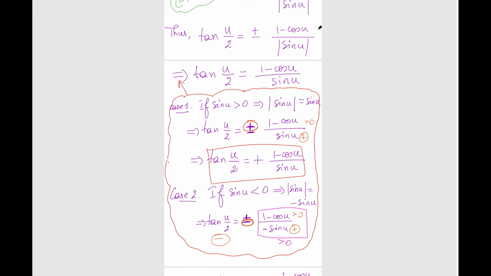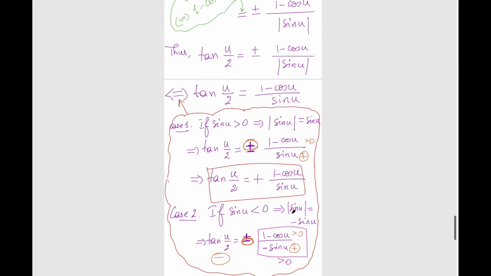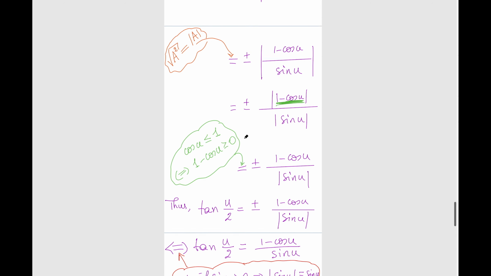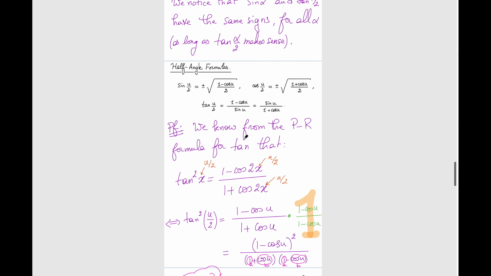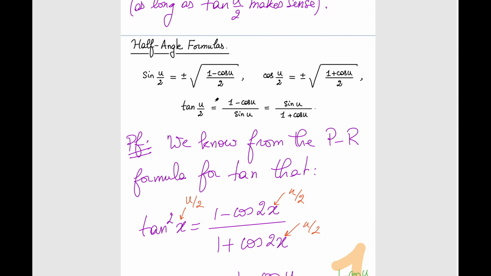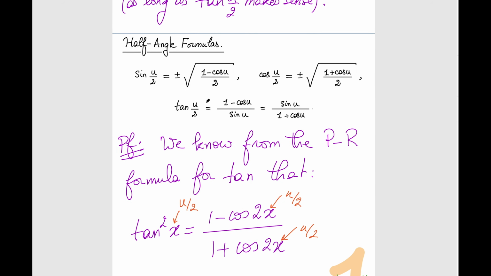Again, I transitioned from this equation to this equation because I considered all the possible cases, and in all the possible cases, it turned out that this expression and this expression are actually the same. They are equivalent, the same thing. Okay. All right. So this is this formula right here. So this is the proof of this formula, the first equality. Okay? So this is the proof of this equality.